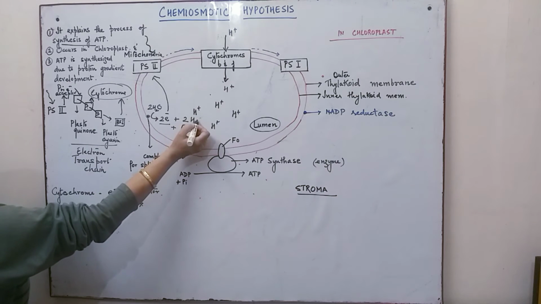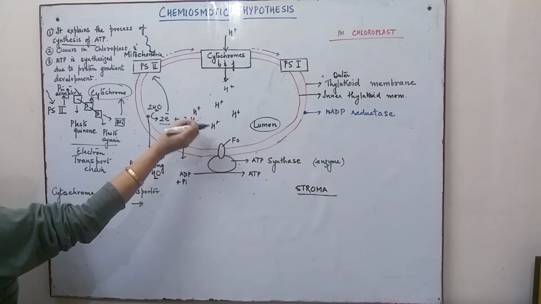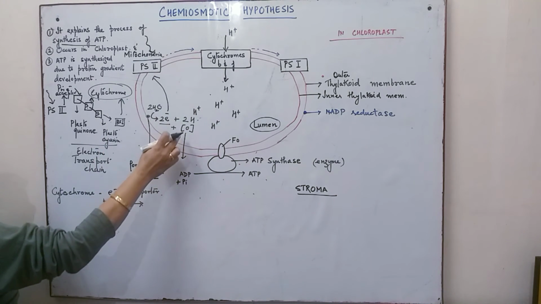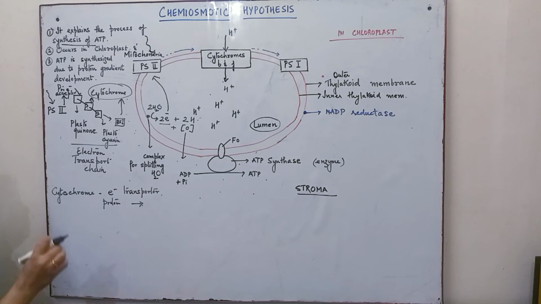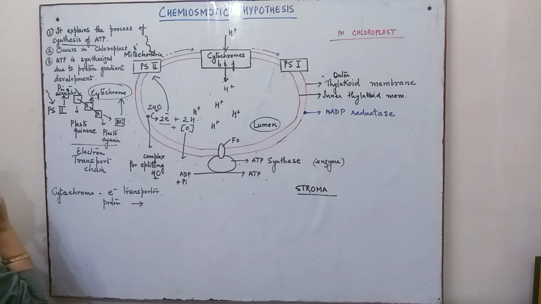The hydrogen which is produced is present within the lumen, and the oxygen produced due to the splitting is diffused out of the membrane as a byproduct. So remember, the oxygen is produced inside the lumen of the thylakoid membrane and later diffuses out to the stroma.